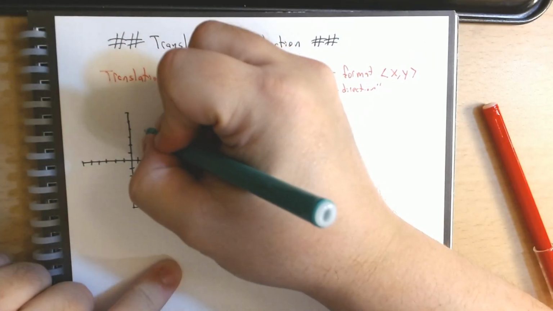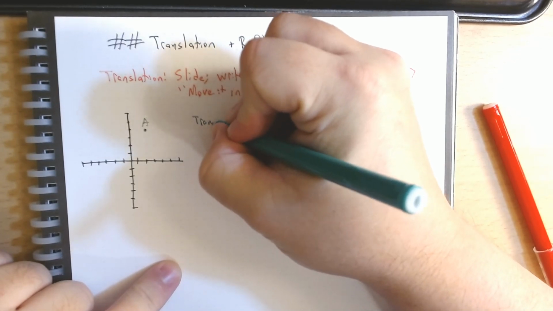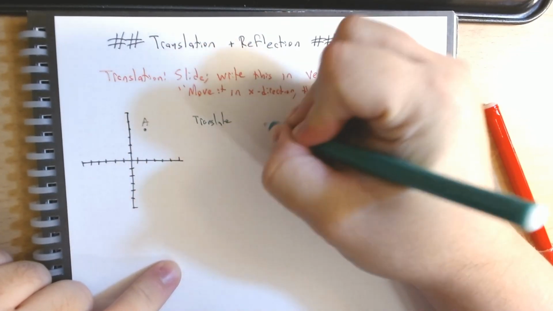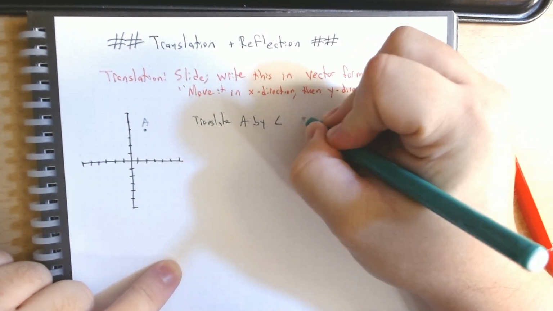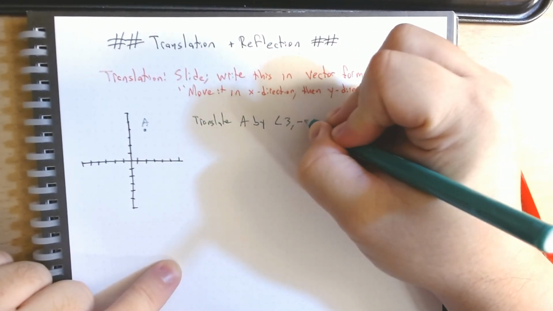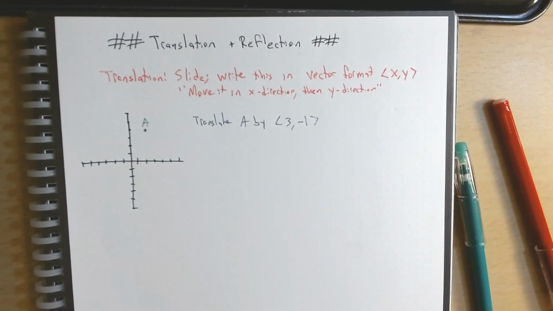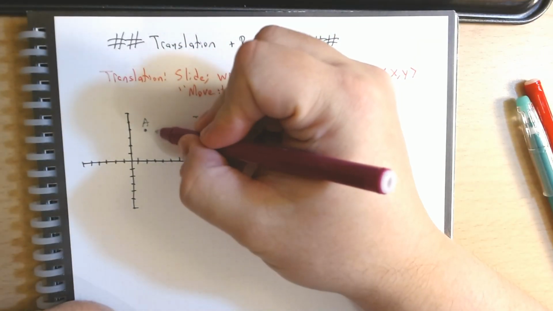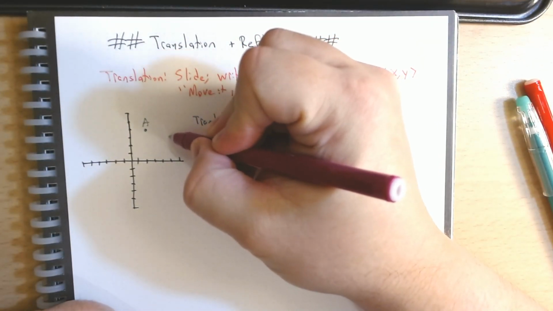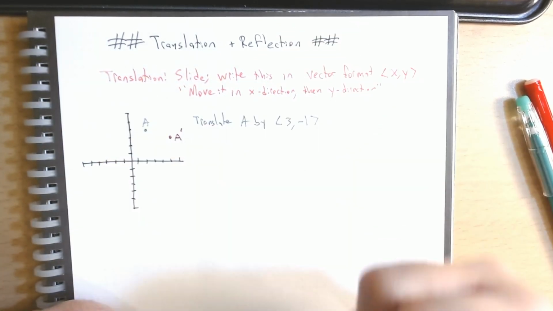Alright, so if I have point A and I say translate A by bracket 3, -1, all that literally means is count over 3. 1, 2, 3, down 1. And we have A prime.